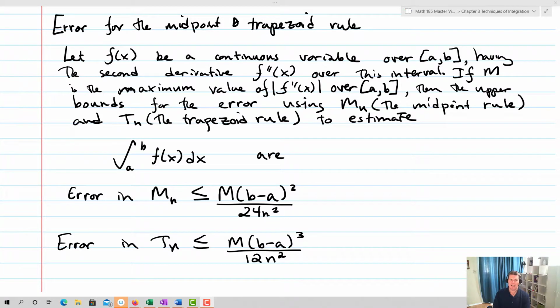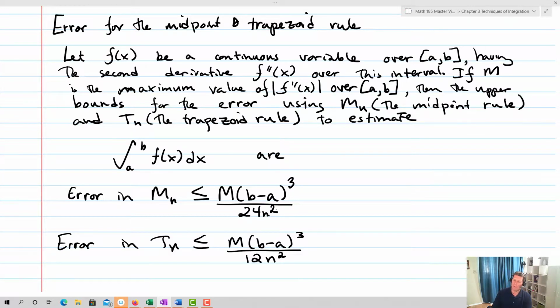If M is the maximum value of f double prime of x over a to b, then the upper bounds of the error using Mn, the midpoint rule, and Tn, the trapezoid rule, to estimate our integral are, for the midpoint rule, less than or equal to M, that max value of f double prime, times b minus a cubed, divided by 24n squared. And for the error in the trapezoid rule, Tn, it's less than or equal to M times b minus a cubed over 12n squared.